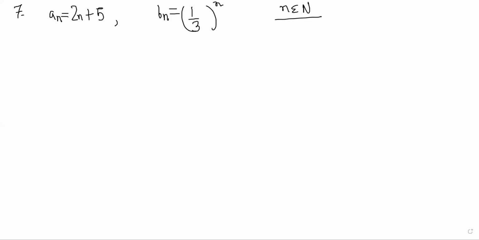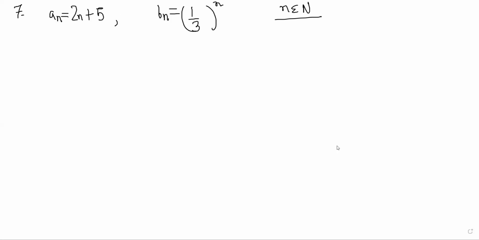Seventh one. Multiple correct section only. Okay. Seventh one. Let a_n be equal to 2n plus 5, b_n is equal to (1/3) whole power n, n belongs to natural numbers.